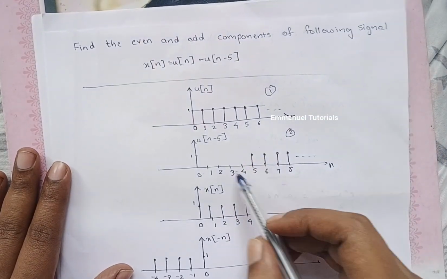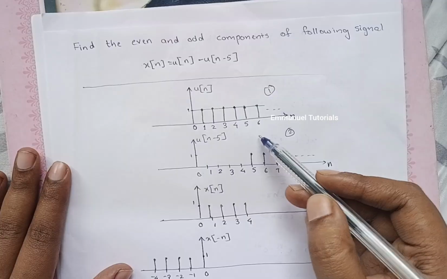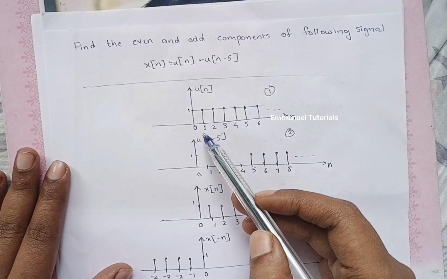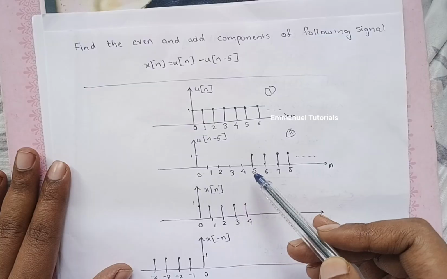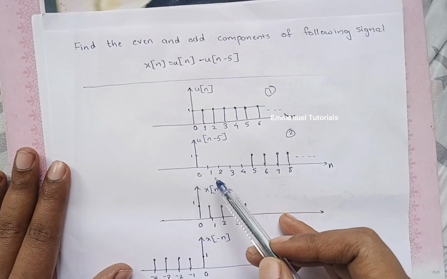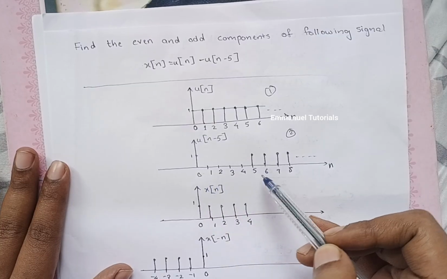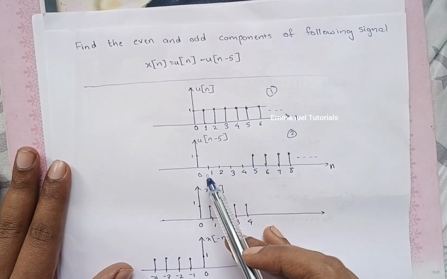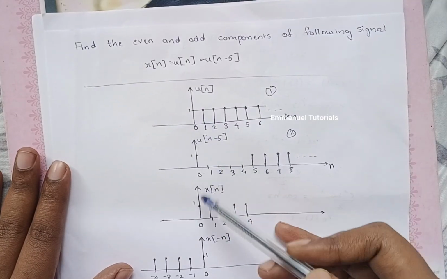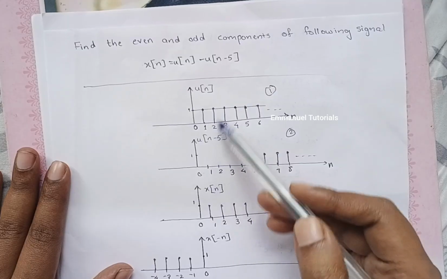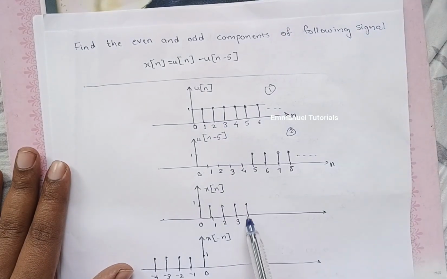When you subtract, from 0 to 4 you can see the first signal has amplitude 1 and the second signal has amplitude 0. So from 0 to 4, if you subtract the amplitudes, 1 minus 0 is 1, 1 minus 0 is 1, 1 minus 0 is 1, and so on till 4.